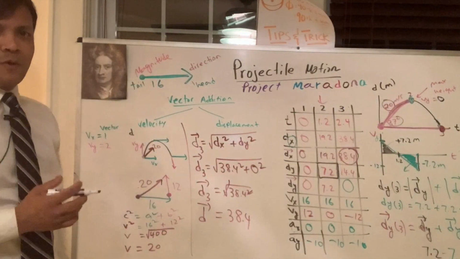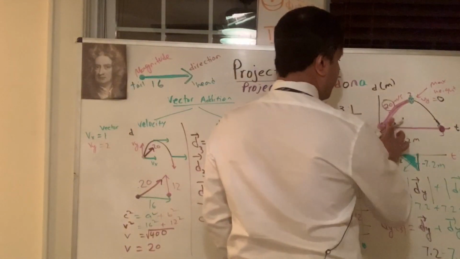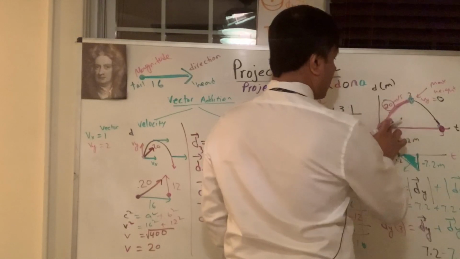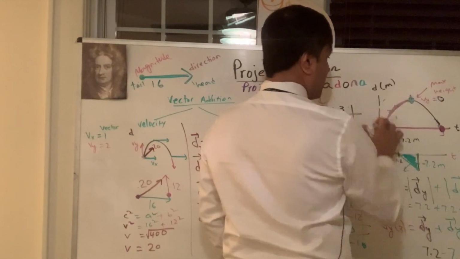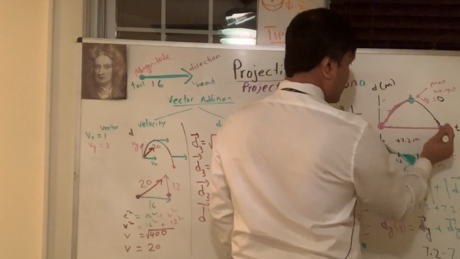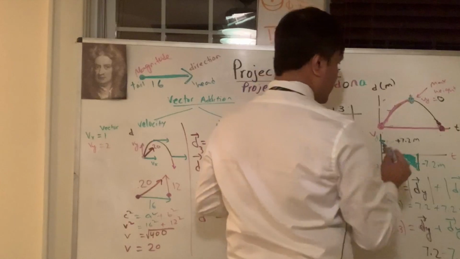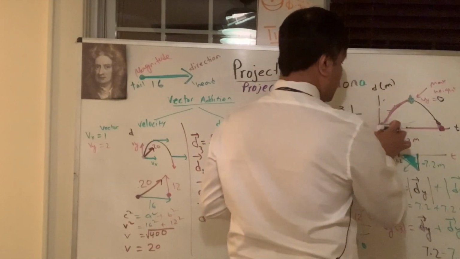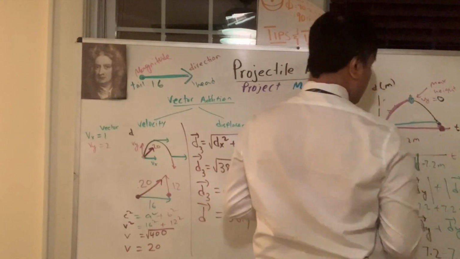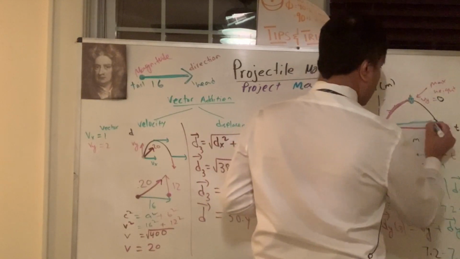All right. Now the homework is you're going to find the displacement. So if I put a point over here, you're going to find the displacement right here. When the time is, so I'm going to draw the vector. It's very hard to draw it. All right, right here.